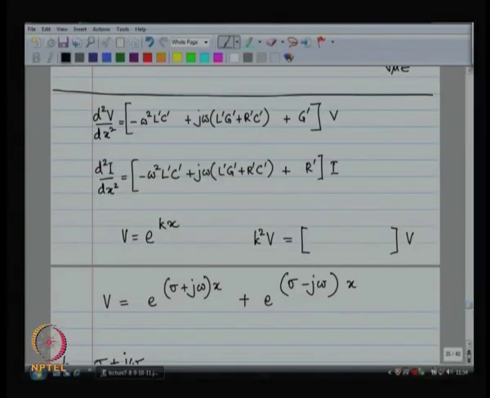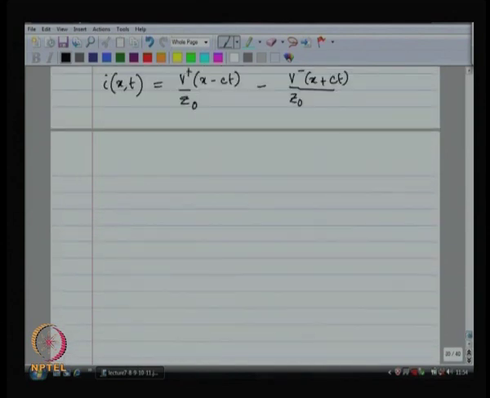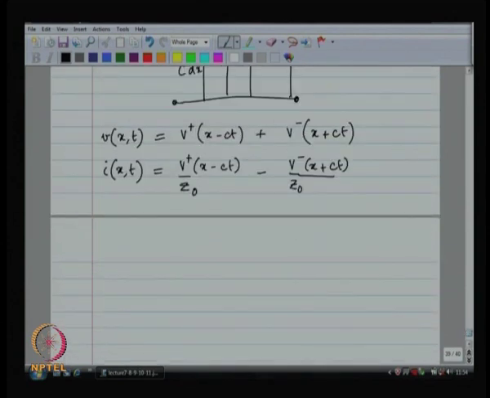We did this quite thoroughly in the previous class. So, there also you basically are going to end up with more or less the same solution, just that now Z naught is going to be a complex number.